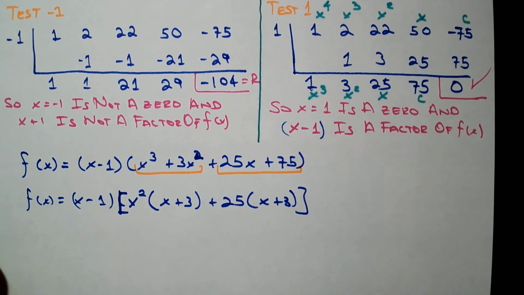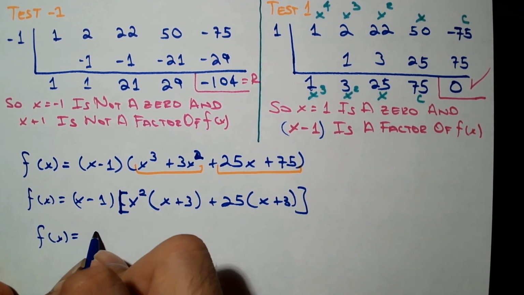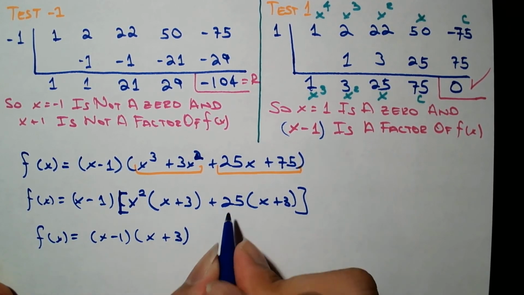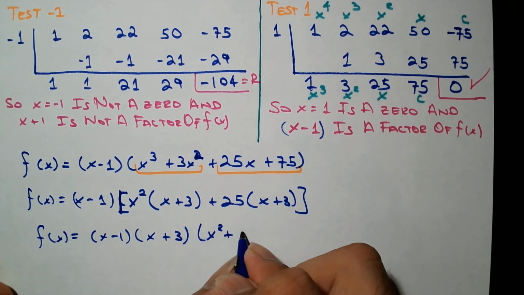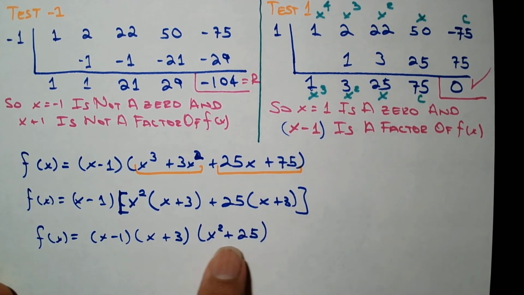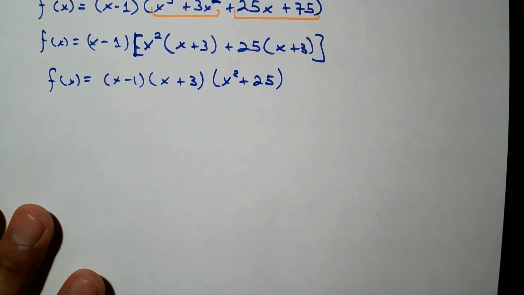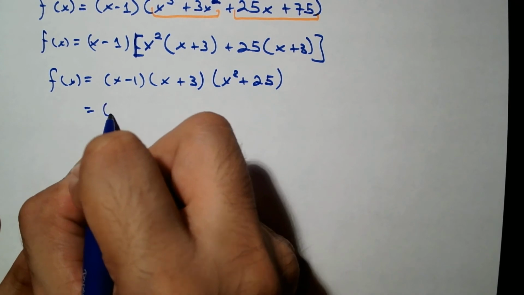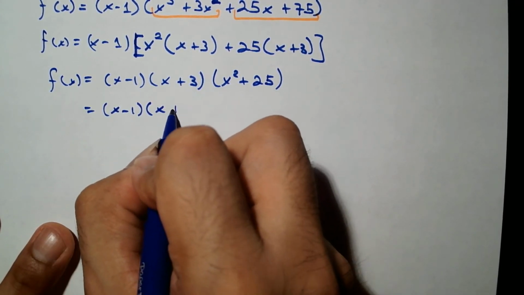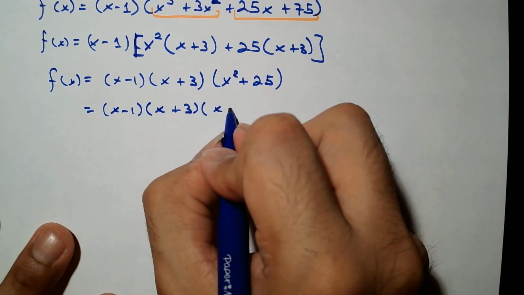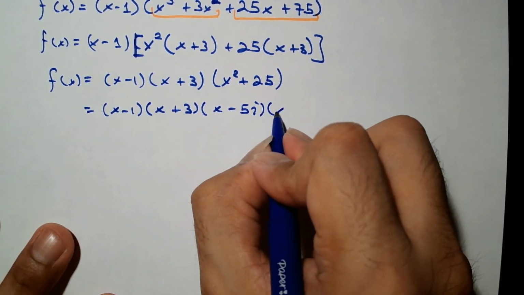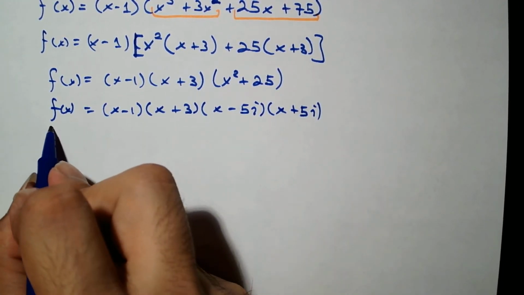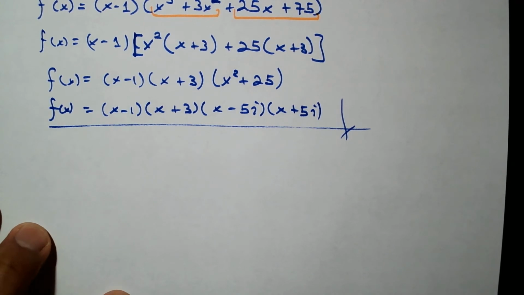So the GCF is x minus 1, x plus 3 times x squared plus 25. How do we factor x squared plus 25? Remember that it factors over the imaginary numbers. x minus 1, x plus 3, x minus 5i, x plus 5i. Final answer. This is the polynomial in factored form.